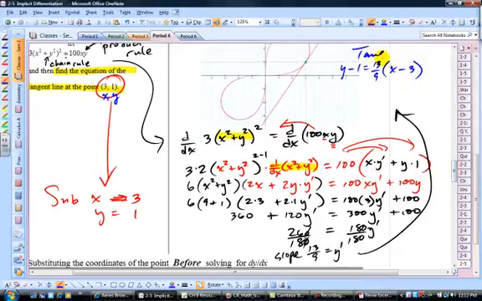Should we simplify that? You should get y equals something. So you just distribute through, right? So you have 13/9 x minus 39/9 plus 1. Now 1 is 9/9, so what's negative 39/9 plus 9/9? Negative 30/9.